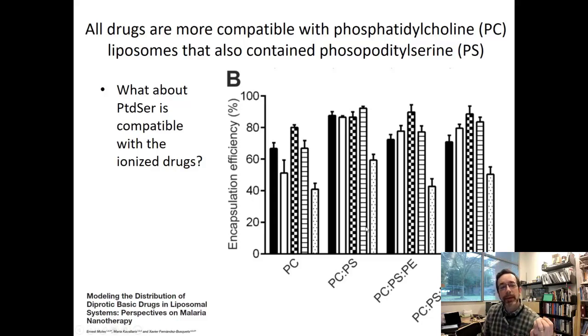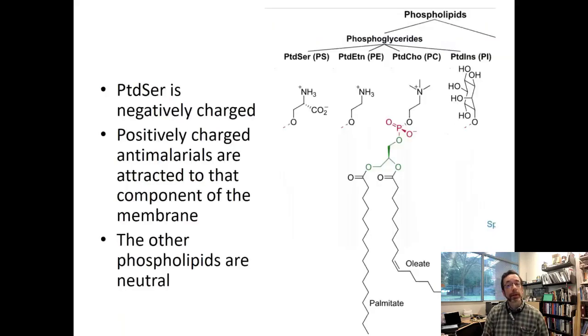So what is it about the phosphatidylserine that is compatible with the ionized drugs? Well, they use this as more proof of their model, because if you compare phosphatidylcholine to phosphatidylserine, you'll see that the difference is in the head groups. The difference is not in the lipid chains shown at the bottom. The difference is in the head groups shown at the top.